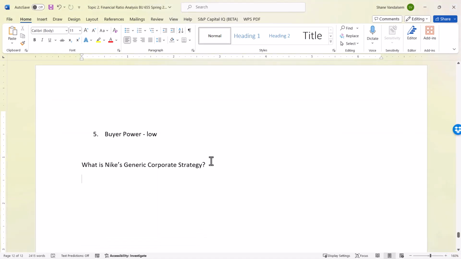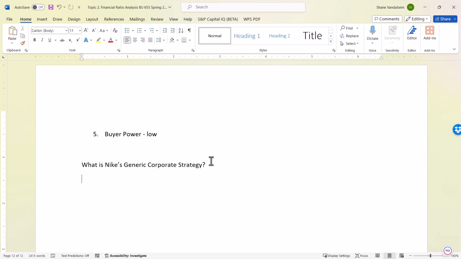So what is Nike's general corporate strategy? Nike's general corporate strategy is differentiation. And one way you know this is because the Nike brand is kind of iconic. The swoosh, they try to come out with new ideas and new types of shoes. They put a lot of emphasis on athletes and achieving your best and really being a different kind of company, helping you achieve your athletic goals.